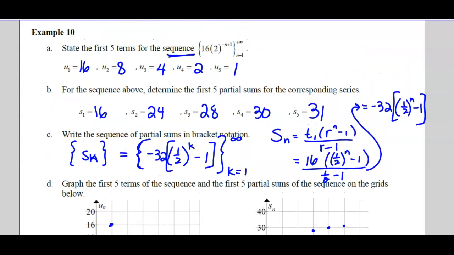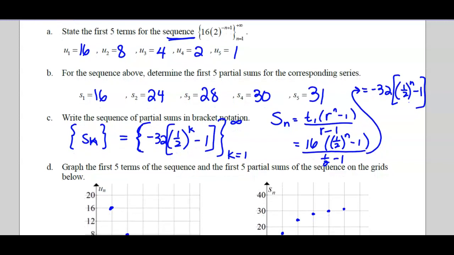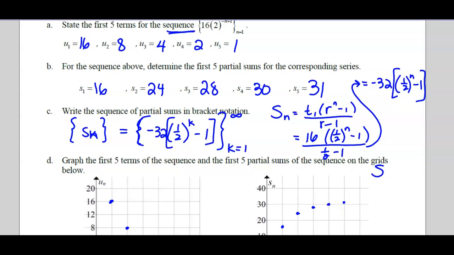Let's think about this. If this goes to infinity, okay, you know our first term is 16. So our infinite sum is convergent because the common ratio is a half. So our first term is 16 over 1 minus a half.